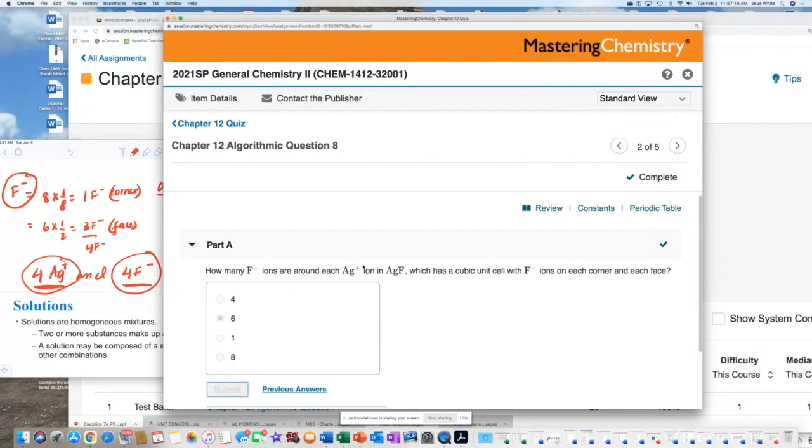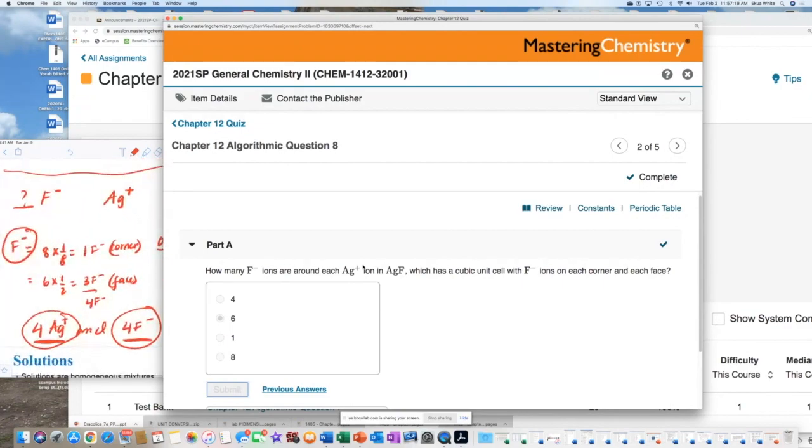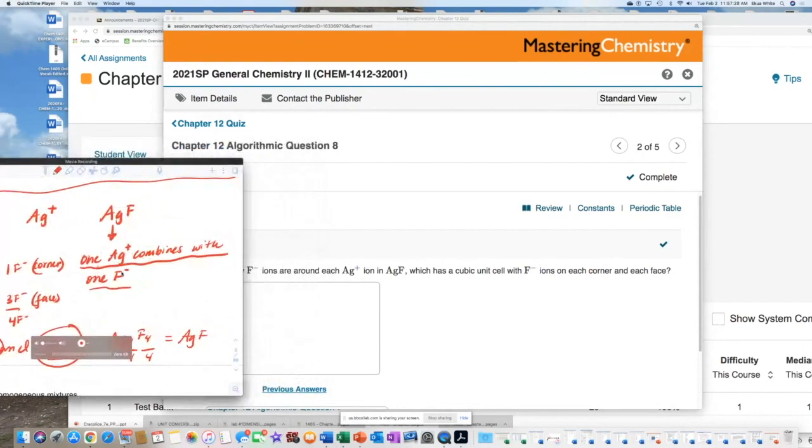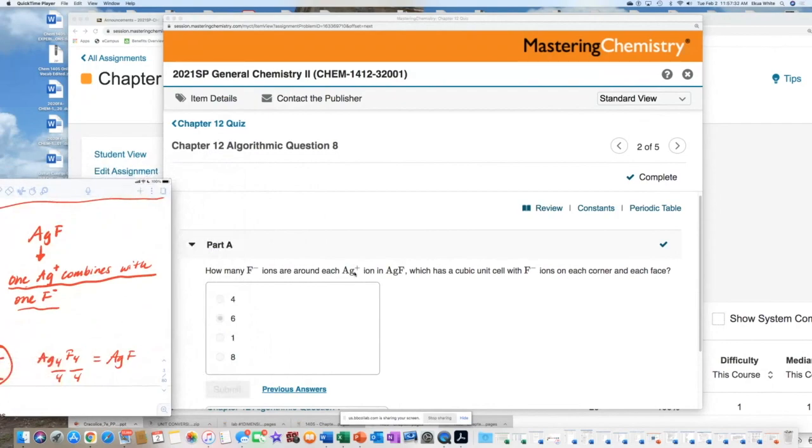So what they're really asking you is coordination number. You recognize that one Ag combines with one F minus, right? But they're not asking you how many AGs combine with how many F minus. That's what I assumed at first, even though I read it. I almost selected 4, and then I realized, no, they're asking you surrounding.